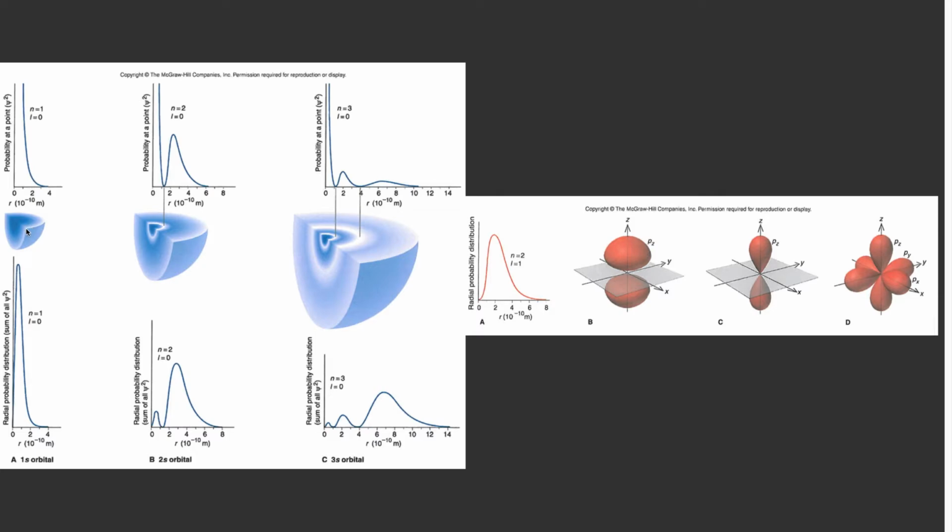You can think of that if you peel off an onion, the outer layer of the onion flesh is going to be a much larger total volume than the inner layer of the onion flesh. So even though the probability of finding the electron in a volume element close to the nucleus is much larger, the total probability of finding an electron at that distance is obviously 0, because at the single point in the center of the nucleus there is no volume.